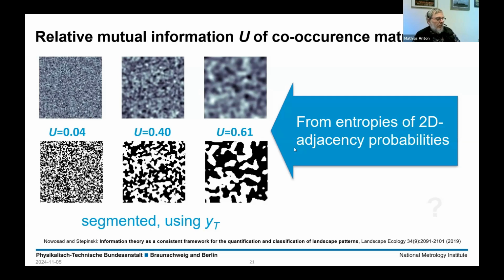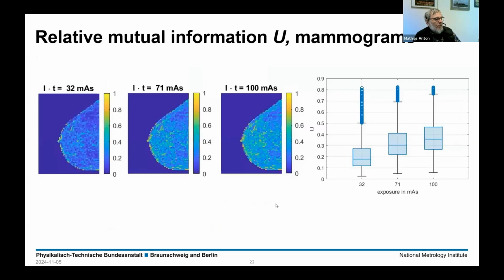And this idea I took from a paper by Novosad and Stepinski from a journal called Landscape Ecology. Nothing where you would look first if you're dealing with medical images, but they used it to classify landscape patterns, and it also works to classify noise or structuredness in images.